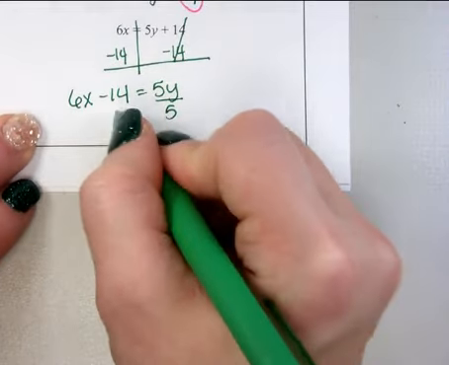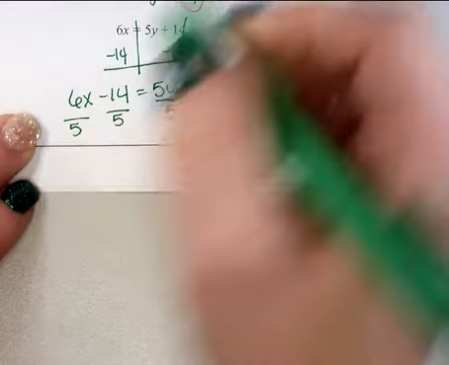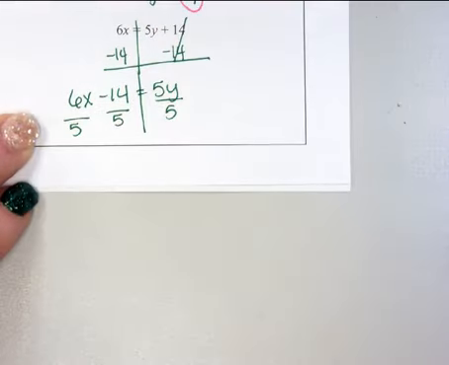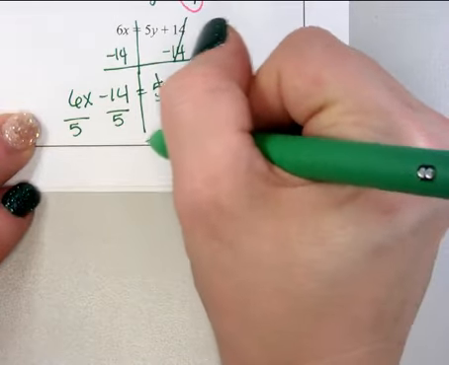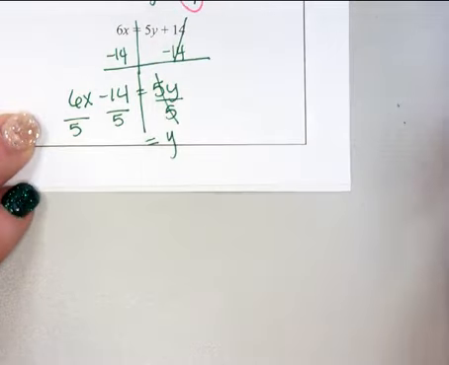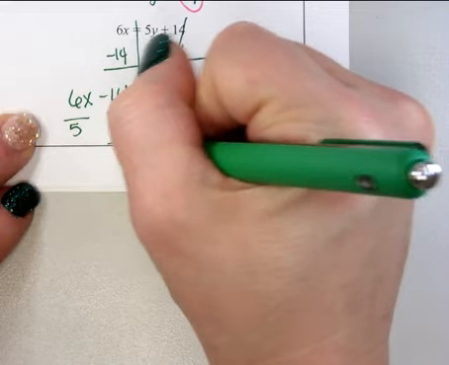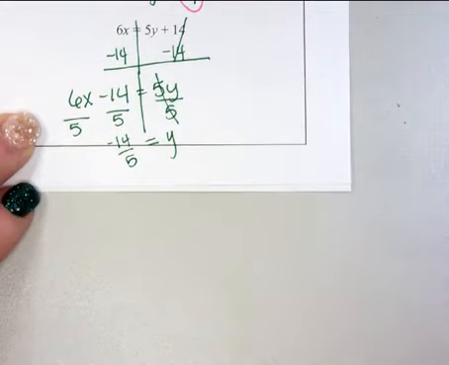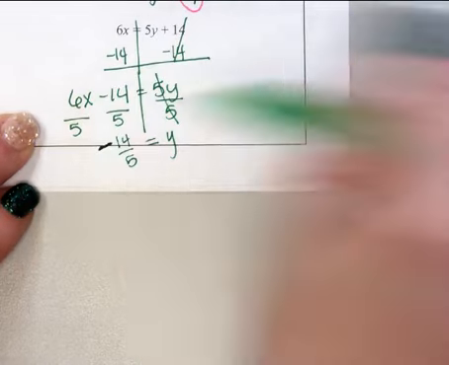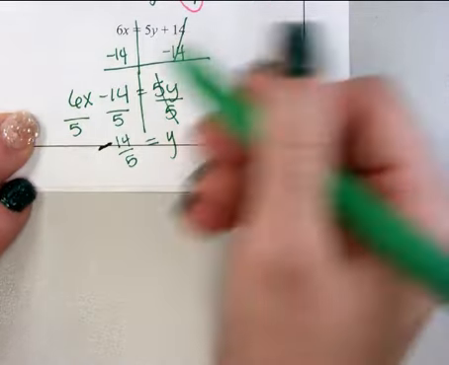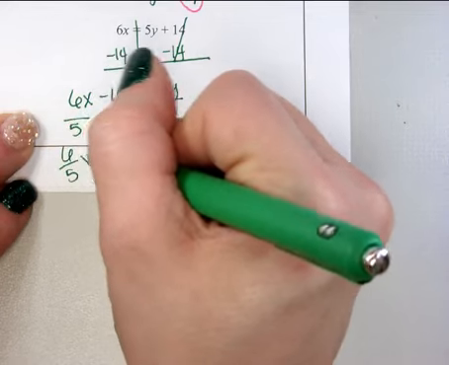Divide by 5, divide by 5, divide by 5. 5 divided by 5 is 1y. 14 divided by 5 is not pretty, and it doesn't reduce, so I'm just going to leave it. And 6 divided by 5 also does not reduce, so I'm going to leave it.